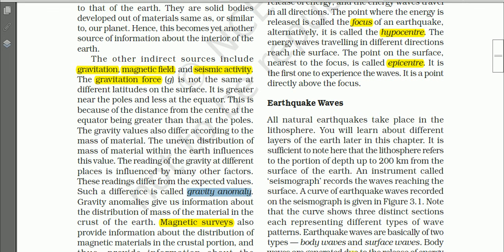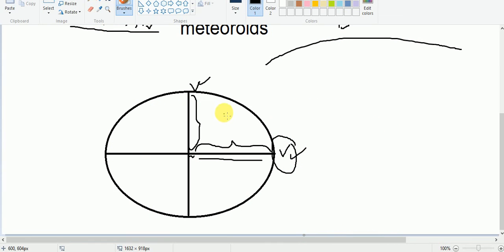Say for example, a scientist may expect a higher gravity value here, theoretically, but when they measure the gravity, they may find a low gravity value. That means we have a difference between the expected value and the actual value, and this difference is known as anomaly.